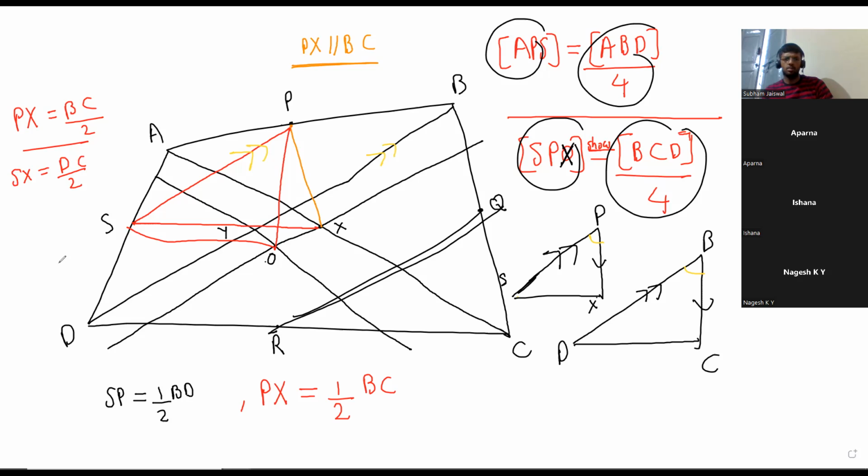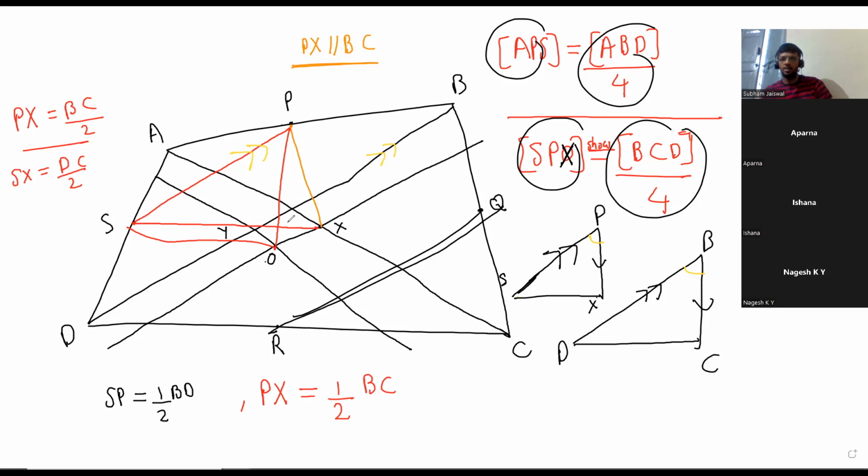So if we make BC and CD equal, then PX and SX also become equal.